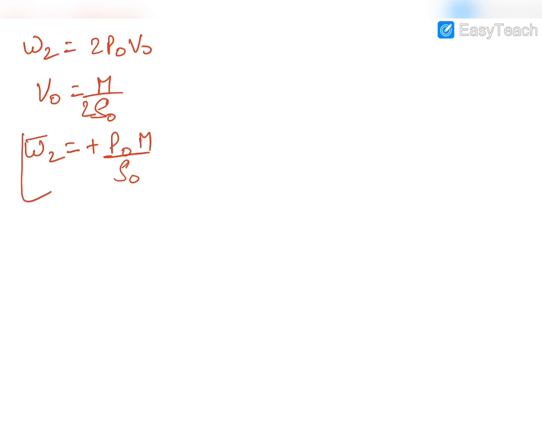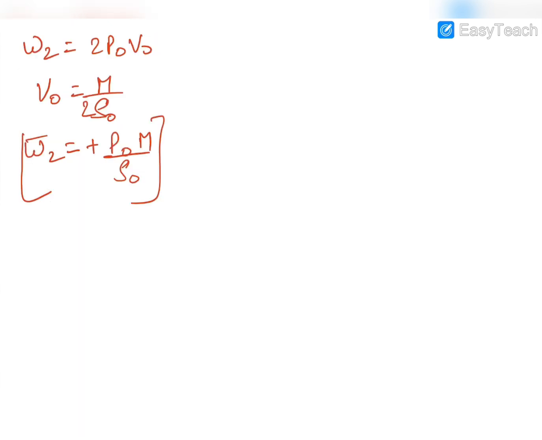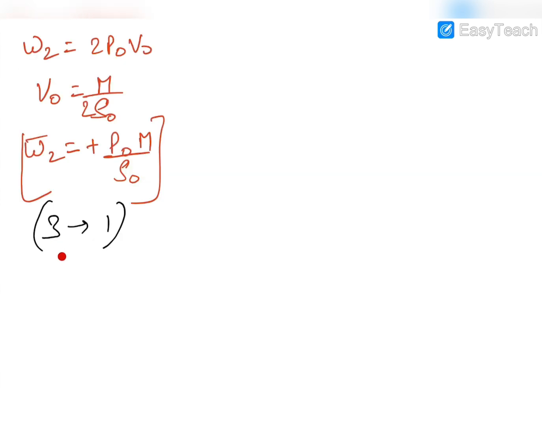Now let us find out the heat extracted in process 3 to 1. So now in 3 to 1, let us again use a different color. You can see that 3 to 1 is an isochoric process because density is constant and therefore volume will be constant.